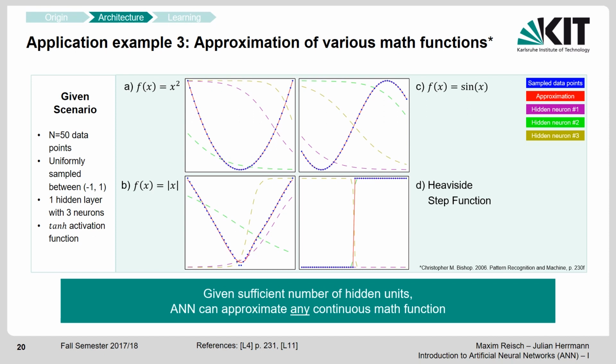These data points were used to train a 2-layer network with 3 hidden units, using tanh activation functions and linear output units. The resulting network functions are shown by the red curves, and the output of each of the 3 hidden units is shown by 3 dashed curves in purple, green, and light green.